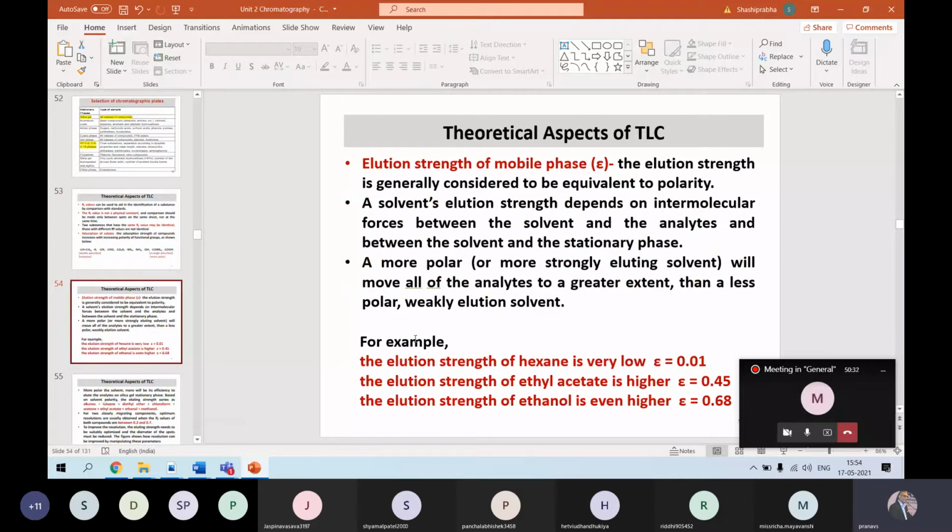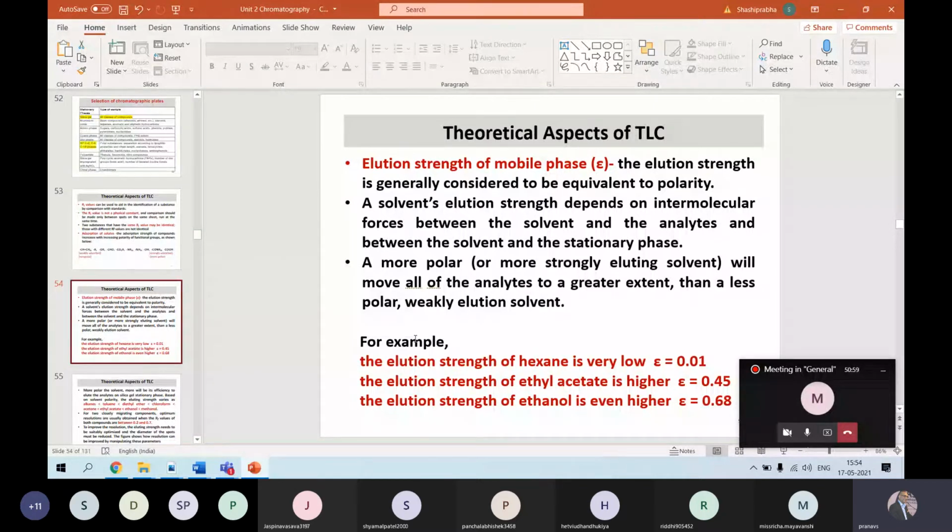Now, this is regarding the eluting strength. As I said, we are at liberty to use any solvent, very non-polar or very polar, and the elution strength of the mobile phase is also calculated now.